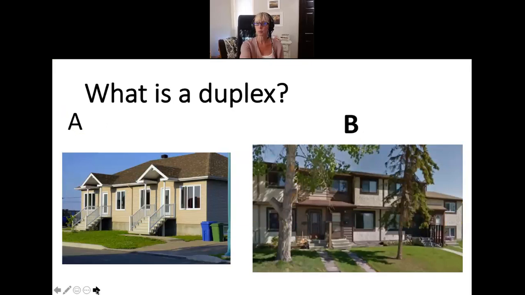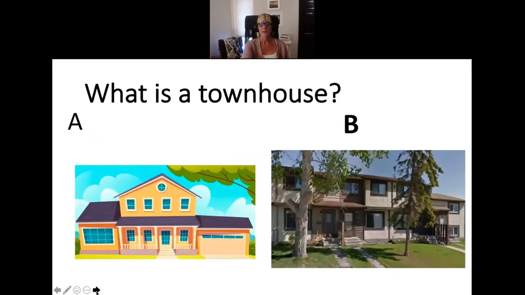What is a duplex? A or B? The answer is A. It is two houses together. What is a townhouse?